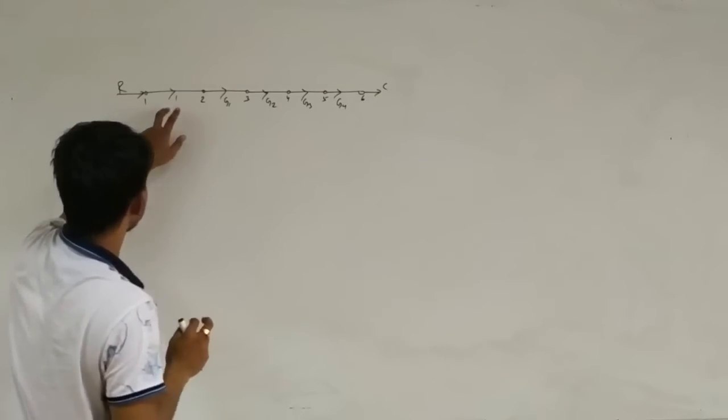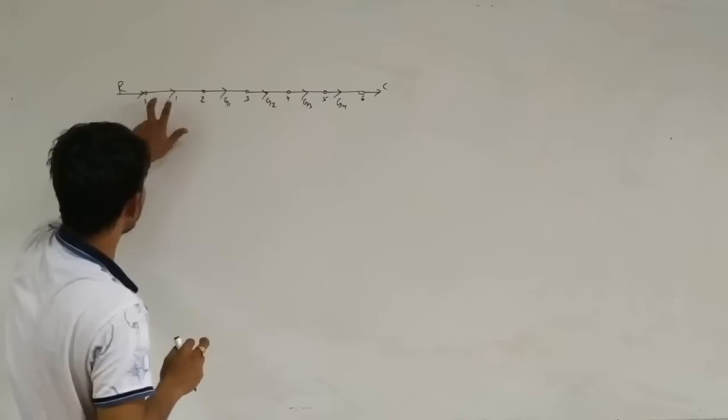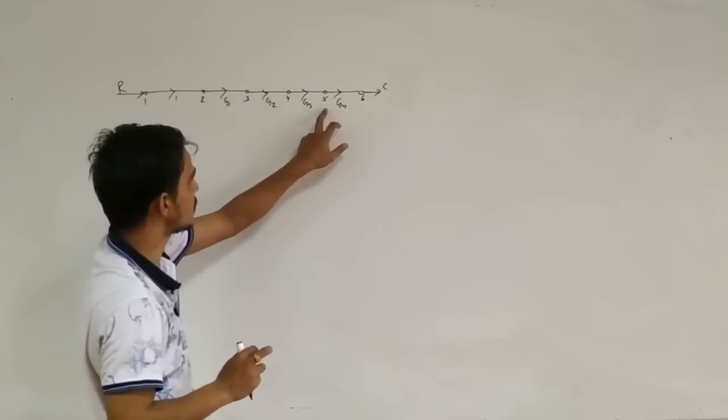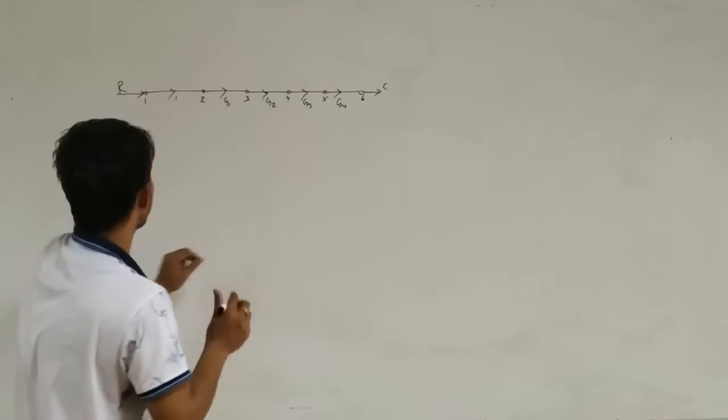From 1 to 2 is 1, 2 to 3 is G1, 3 to 4 is G2, 4 to 5 is G3, and 5 to 6 is G4.